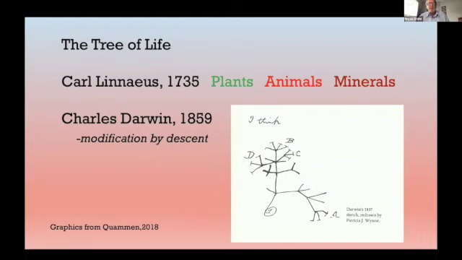And when that was transferred into trees of life, people followed the same pattern: a single root in the ground, dendritic branching, first divided into plants and animals, and then it became more complex as people tried to take into account fungi and microbes. But always that same idea of a tree with one trunk in the ground.